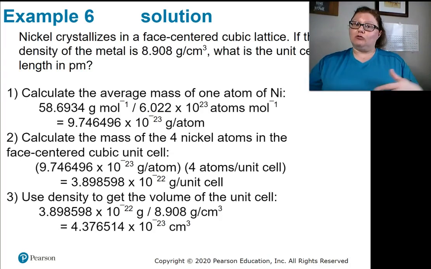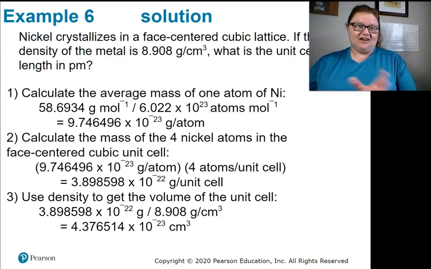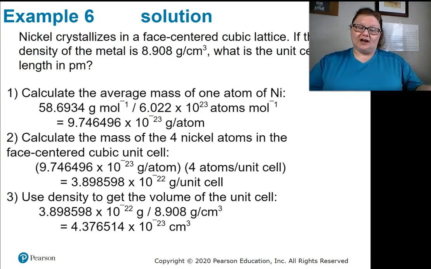Because grams per mole is not helping us with a cubic lattice because that's by just a few atoms, right? A mole is Avogadro's number of atoms. Too many. So we're going to divide it by that and get how many grams per one atom. Then we're going to calculate the mass of 4 nickel atoms because that face-centered cubic is made up of 4 atoms. Okay, go back to the previous image to see that.